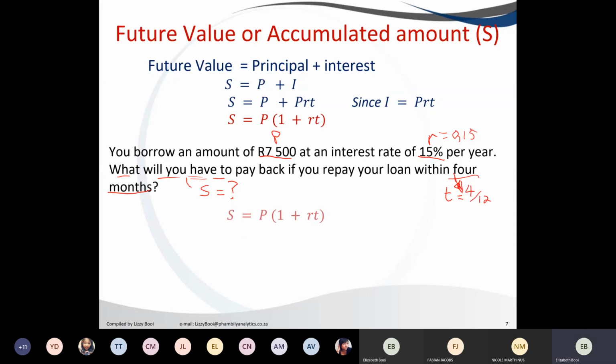So the formula I know is S equals P times (1 plus RT). And I substitute the values. Since I've already highlighted which values I have, I can go and substitute those values into the formula.